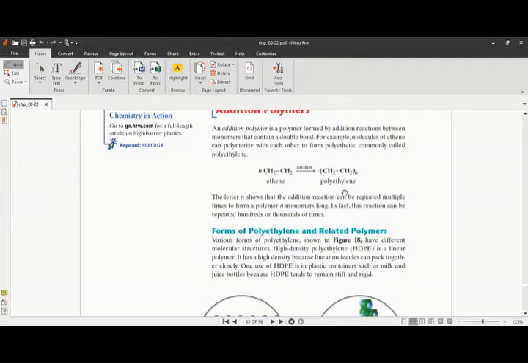Did you understand the meaning of the letter n and the meaning of changing the double bond into a single bond? To form the polymer, you need a branch, and for making the branch, you need to change the double bond into a single bond.